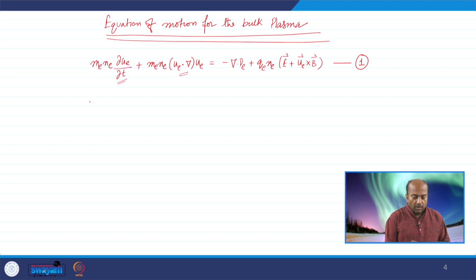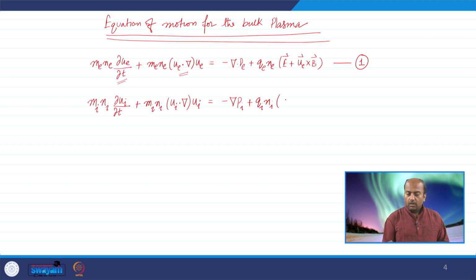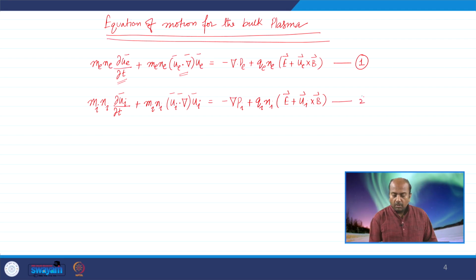We can also write a similar expression for the ions: mi ni dou ui by dou t plus mi ni ui dot del times ui is minus del pi plus qi ni times E plus ui cross B. Fine. So this is equation number 2.